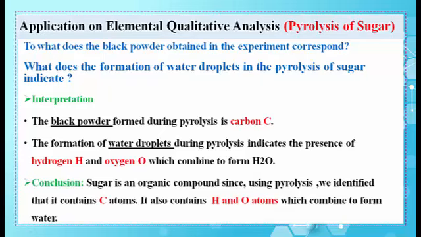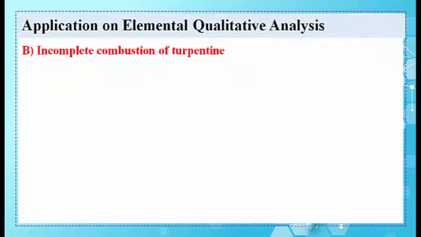We can conclude that sugar is an organic compound since, using pyrolysis, we identified that it contains carbon atoms. It also contains hydrogen and oxygen atoms, which combine to form water.